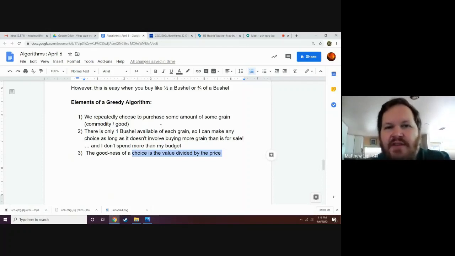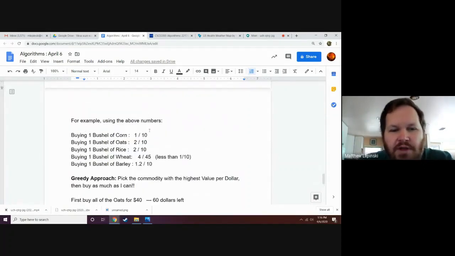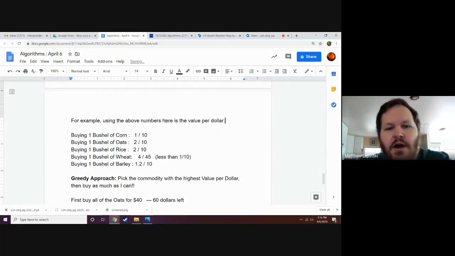So the last thing that I wanted to do today was give you an explanation of why this algorithm actually works. Why is it the case that always buying the thing that gives me the most value per dollar is the right answer?